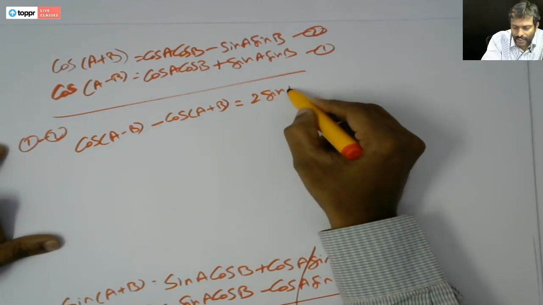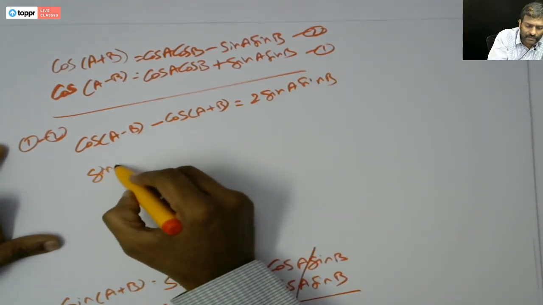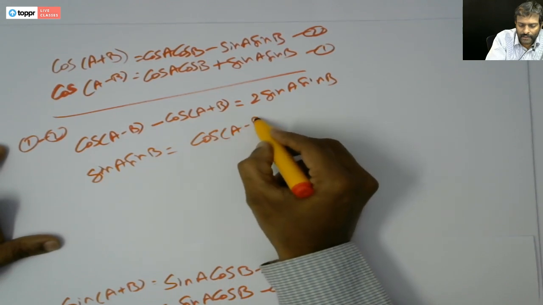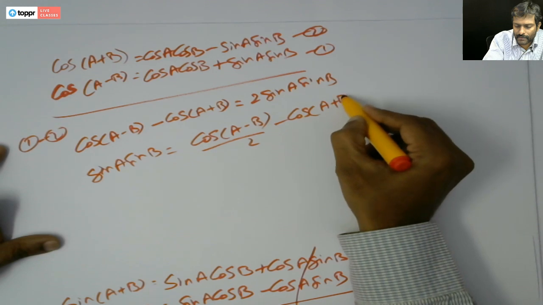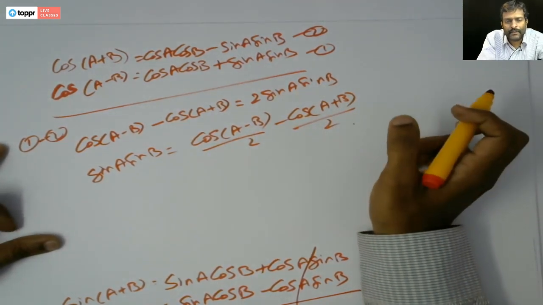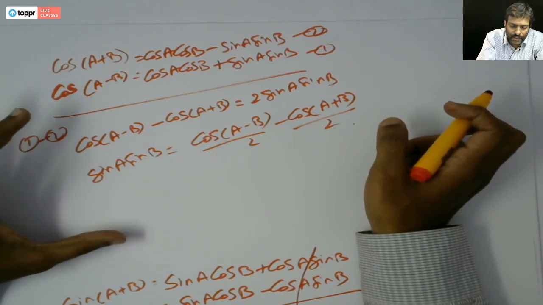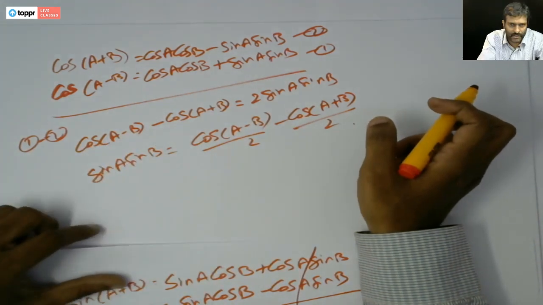So you get 2 sine A sine B. So simply if I want sine A sine B, I can have cos A minus B by 2 minus cos A plus B by 2. Right? This is a compound angle rule which we are going to use in deriving some questions, right?